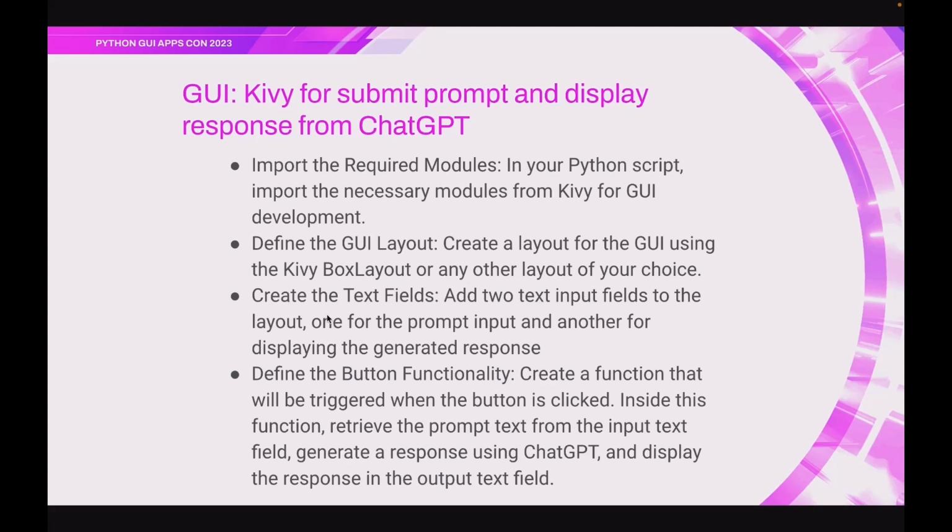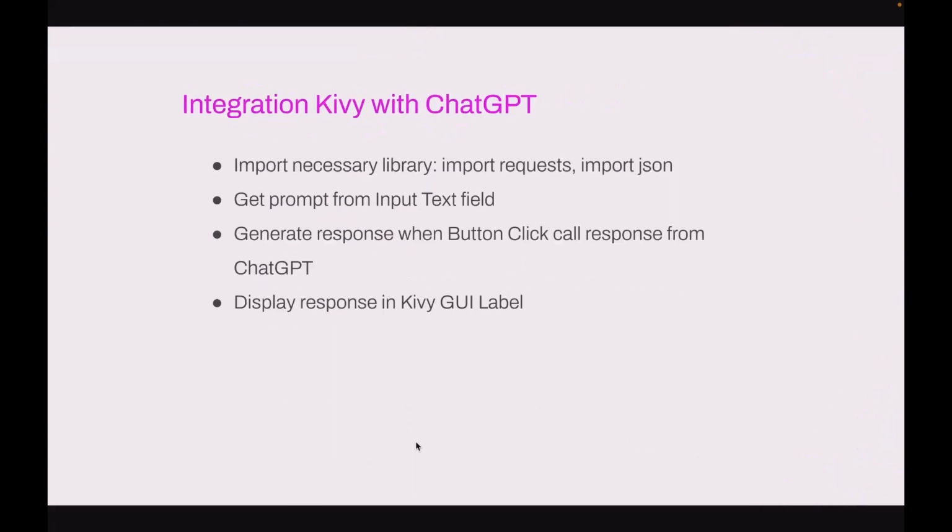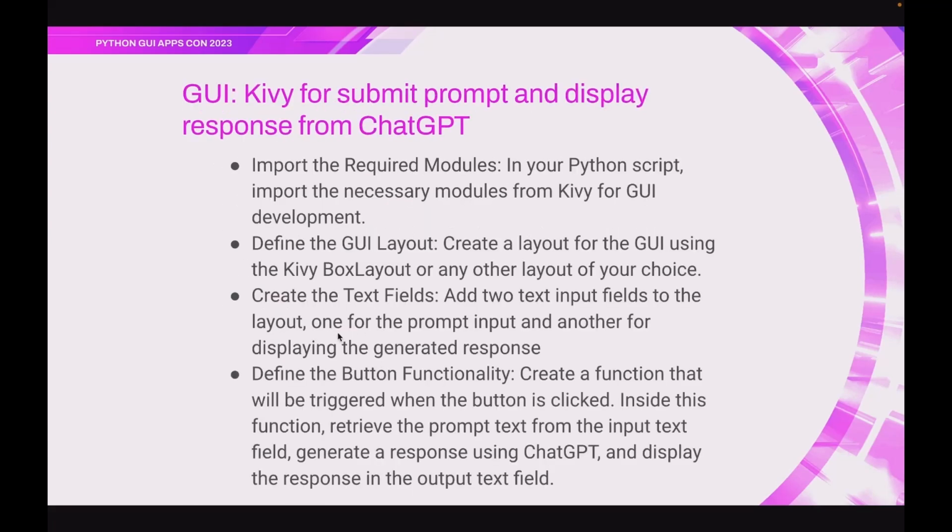Then create the text fields: two text fields, one to write a prompt, and one to display our response from ChatGPT. Define the button functionality. Create a function that will be triggered when the button is clicked. Inside this function, retrieve the prompt text from the input text field, generate a response using ChatGPT, and display the response in the output text field.